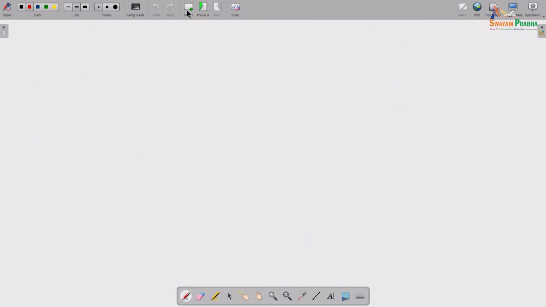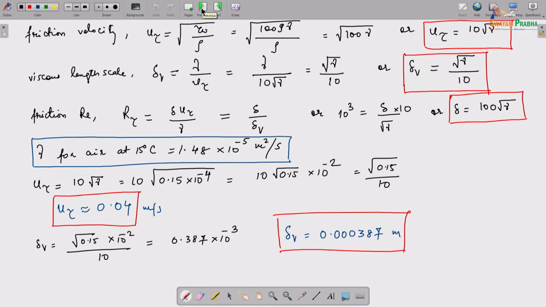Okay, so let's go to the next page and let's say now delta is equal to delta by delta v. Okay, now let's do this first. Okay, so delta is equal to, okay.